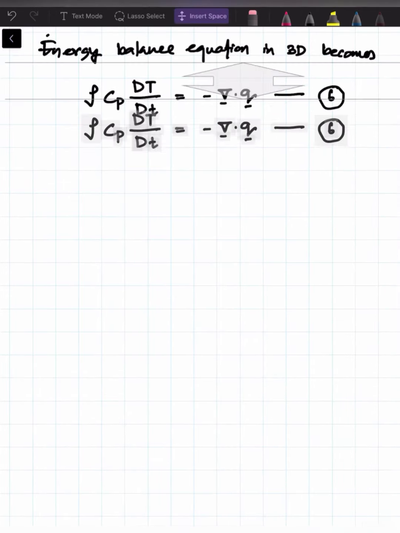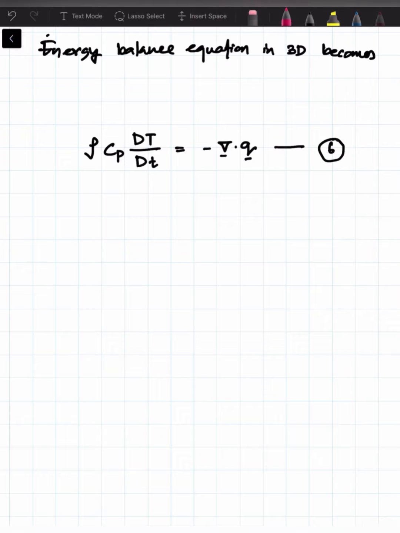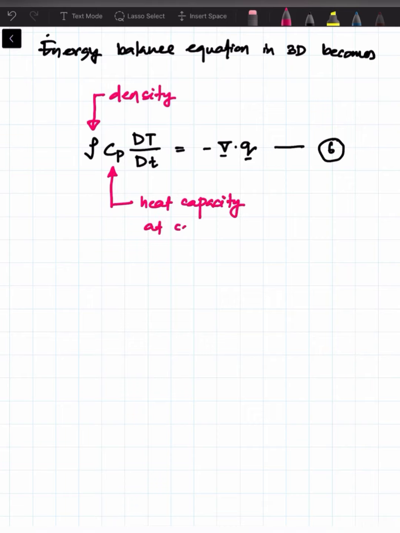Let's number this as equation number 6, continuing from the previous notes. Rho here is the density of the material through which conduction is happening. Cp is the heat capacity at constant pressure here, and D/dt is the substantial or material derivative.